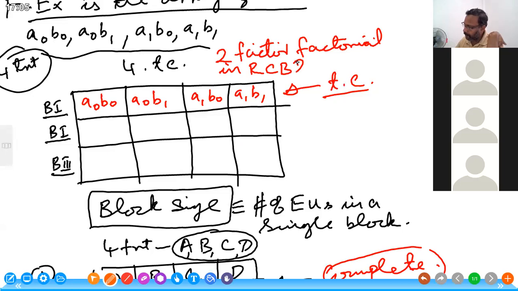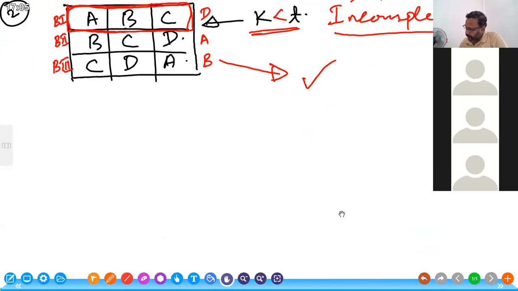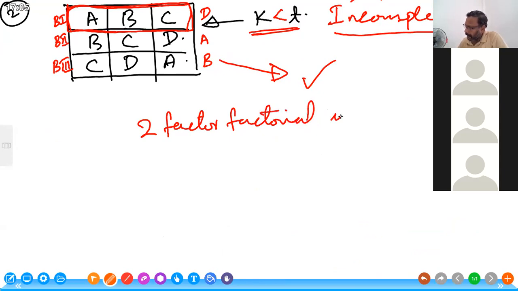This is how we put the title of the design. Everybody understand there are 2 factors and the design is RCBD. Similarly, we can do a 2-factor factorial in CRD.